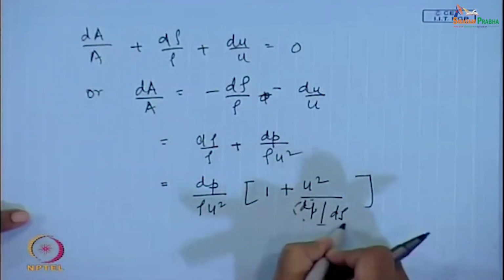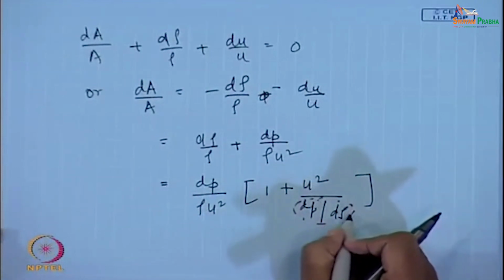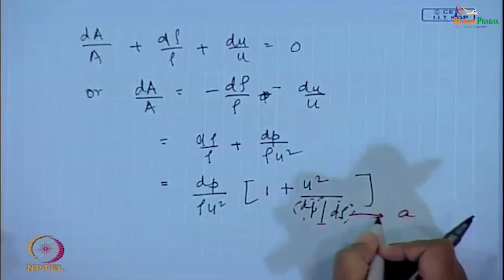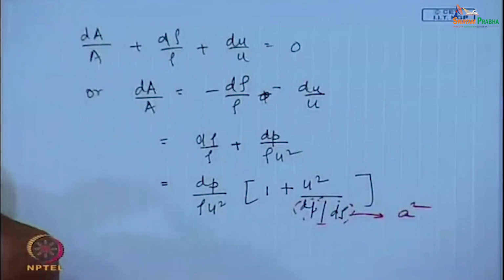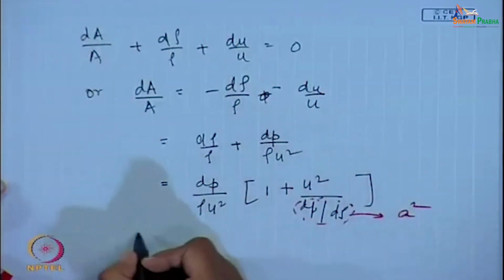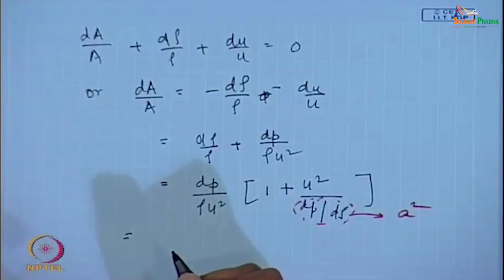We can write it down in this particular form, and what is this particular term equal to? dp by d rho is a square, isn't it, the acoustic velocity in that particular medium under those particular conditions. No, not plus d rho by rho.